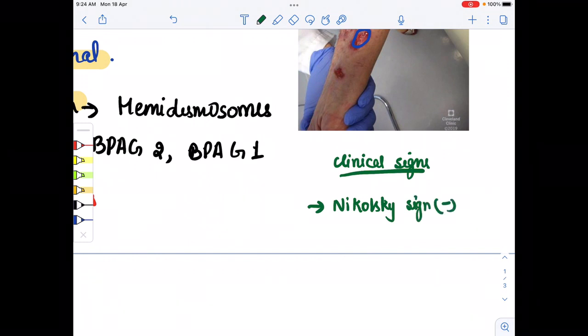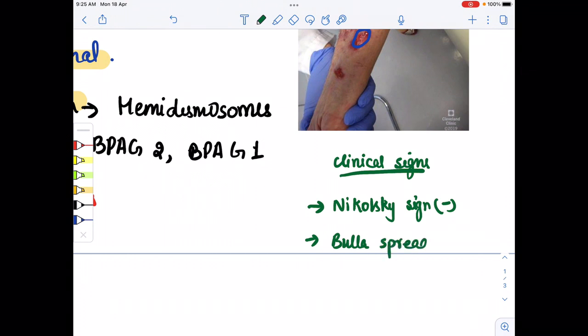And there is a bulla spread sign, which means that on applying tangential pressure, the bulla moves into the adjacent area, and it is going to be round and have a regular border. So there is bulla spread sign.